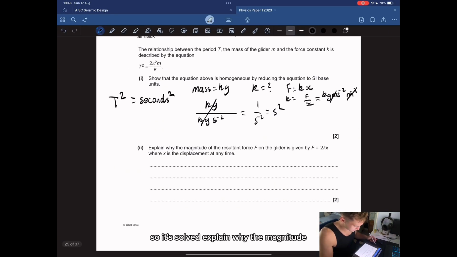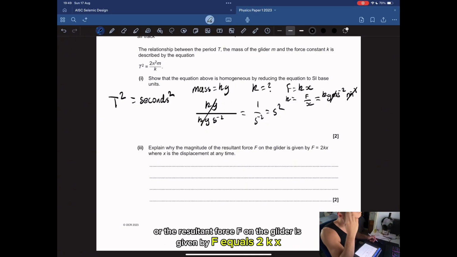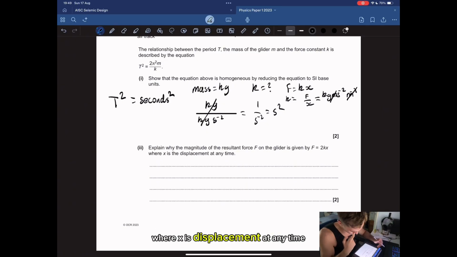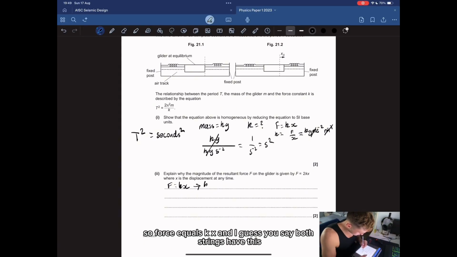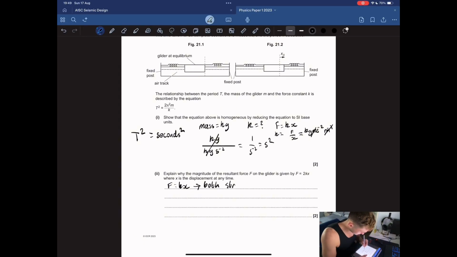So that's solved. Explain why the magnitude of the resultant force F on the glider is given by F equals 2kx, where x is displacement at any time. So force equals kx, and both strings have the same but opposite extensions.